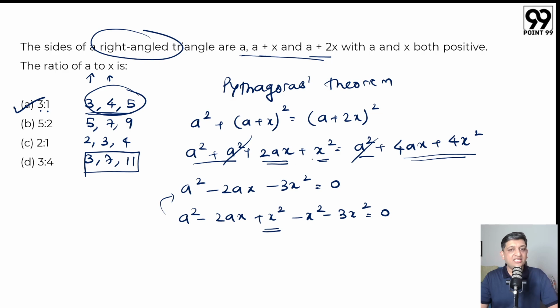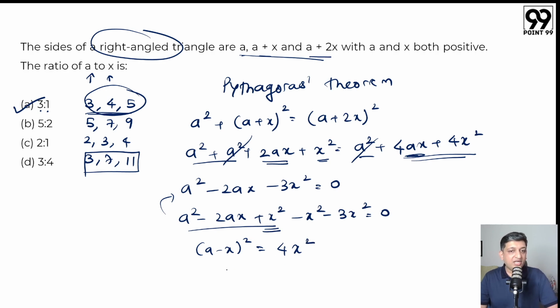What you could have also done is, instead of doing all these, you could have just transferred only this here, and you would have still got a square minus 2ax plus x square. But what we are planning to do here is we are planning to write this as a minus x the whole square, this part. This will be equal to minus x square minus 3x square will go to the right hand side and will become 4x square.